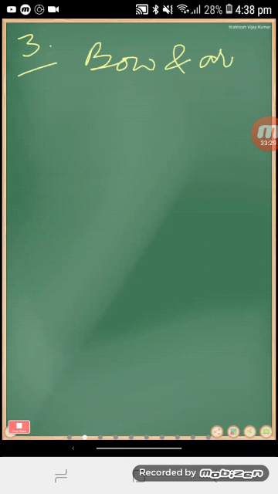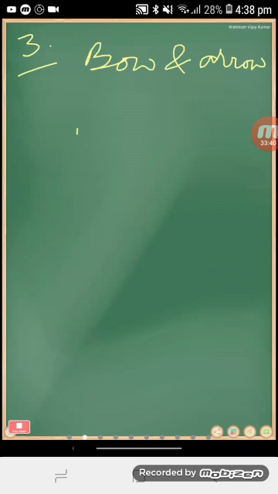Third example, when the string of a bow is pulled, that means in the case of bow and arrow. Now you might have observed nowadays a lot of serials have been coming, so you might have also seen bow and arrow.